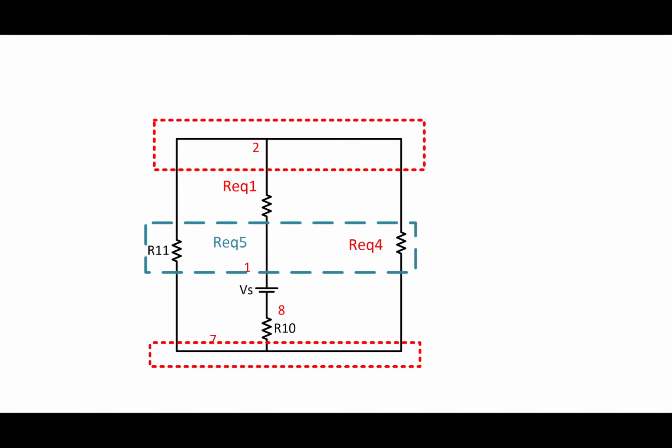So the circuit becomes simplified as you see it: R equivalent 1, here R equivalent 4. We don't have any two resistors in series, but we have two in parallel, since they share the same nodes. R equivalent 4 is in parallel with R11.